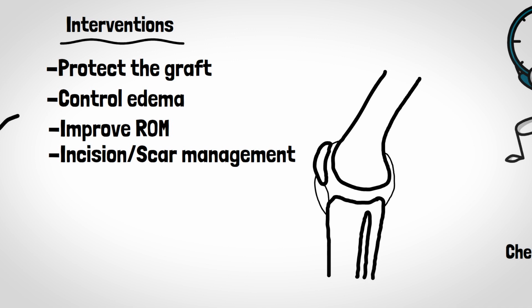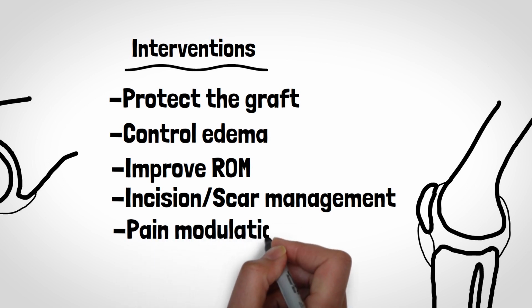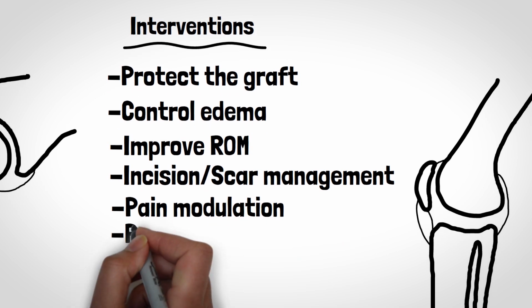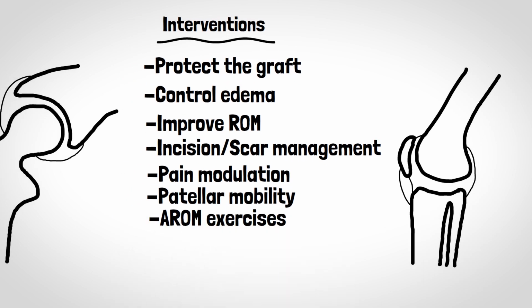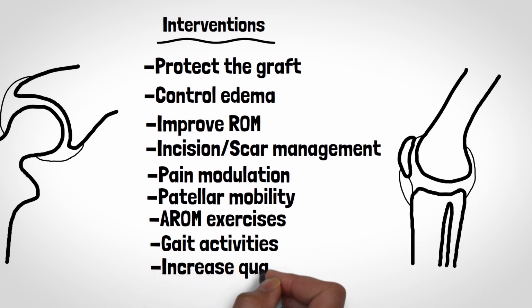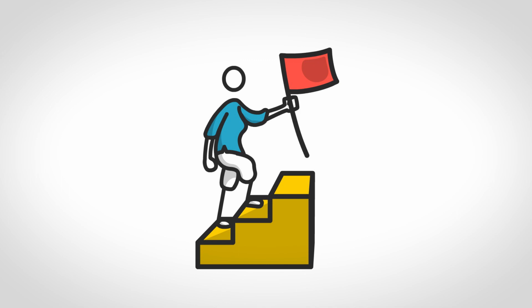So working on that mobilization is good to prevent scar tissue underneath and still improve their range of motion. Specifically, do activities that help control the pain, improve the patellar mobility, active range of motion exercises, gait activities, and quad exercises, because you want to build up that quad strength. These are things you're going to want to do throughout their treatment.